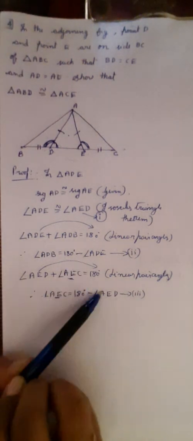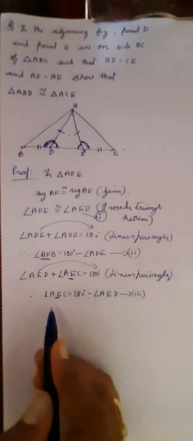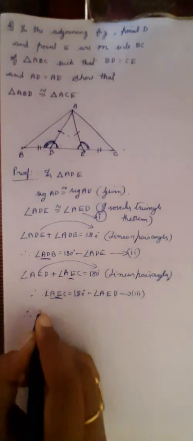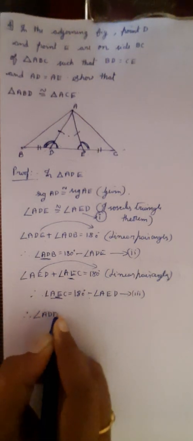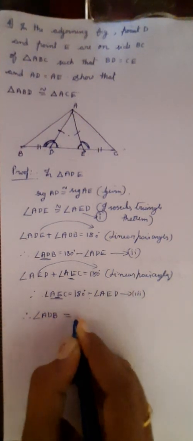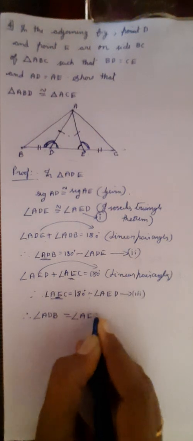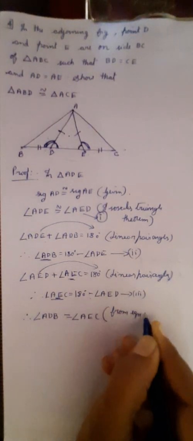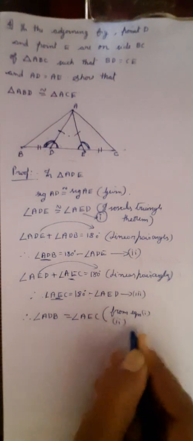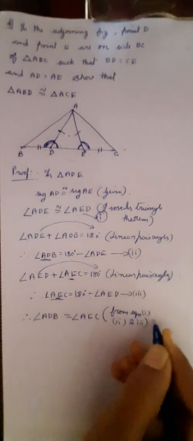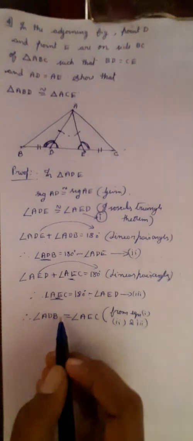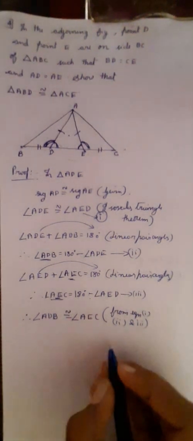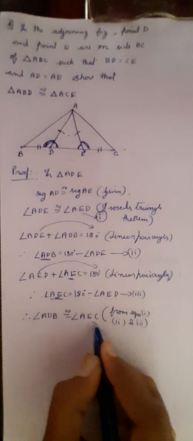If these two are same, we can say that angle ADB and AEC are also equal. So directly we will write, therefore angle ADB is equal to angle AEC. Reason: from equations 1, 2 and 3. Compare all three equations, then you can say that these two are congruent.